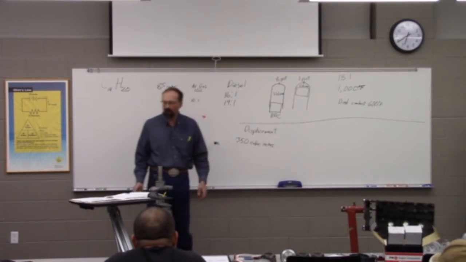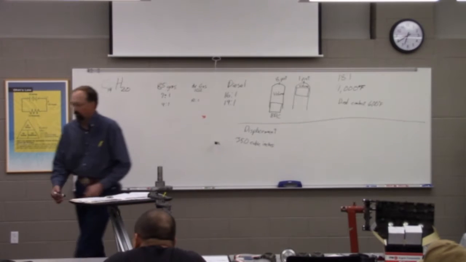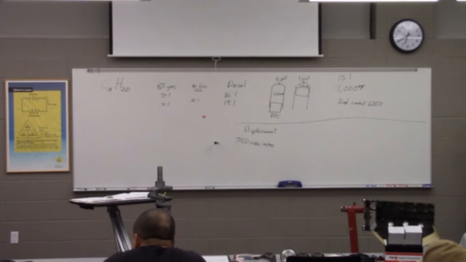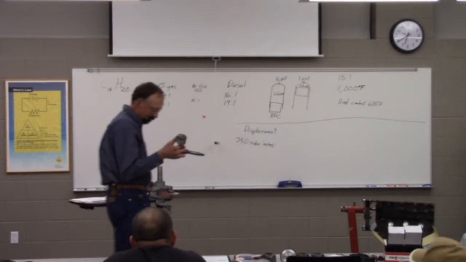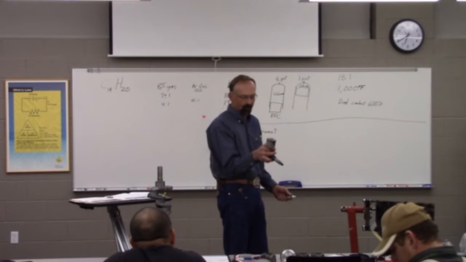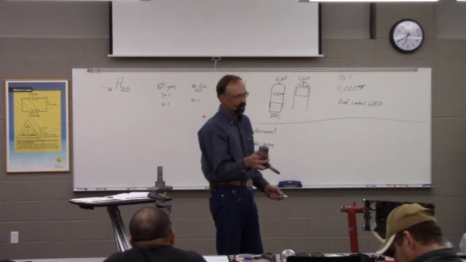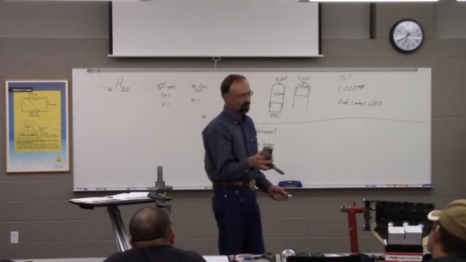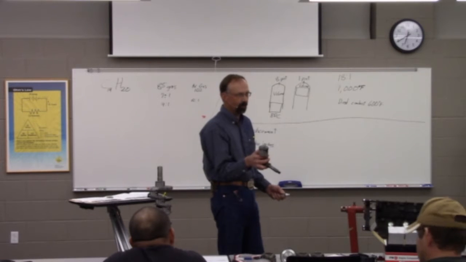Are we talking about an engine with one of these? That engine, if I remember right, the displacement of this single cylinder engine with that piston, it's under half of a liter, but I don't remember exactly.